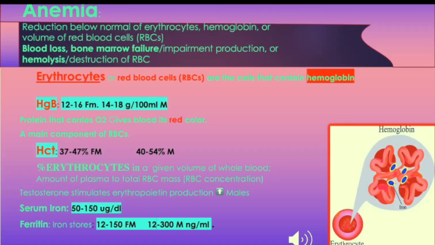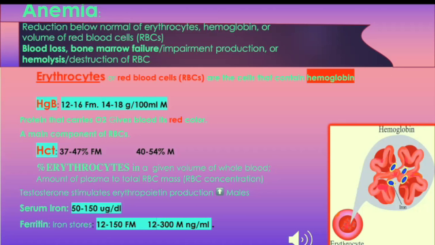The reason that males have higher H and H's, or hemoglobin and hematocrit, is because they have a lot more testosterone than females, and testosterone stimulates erythropoietin production, which stimulates red blood cell production in the bone marrow. And again, hematocrit 37 to 47% is normal for females, and 40 to 54% is normal for males.